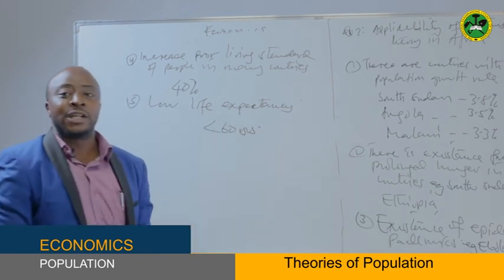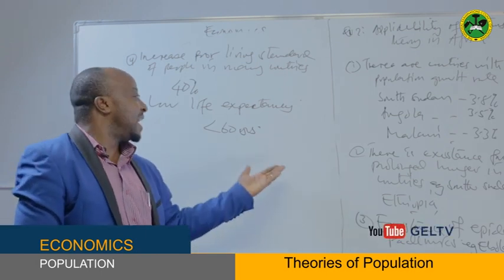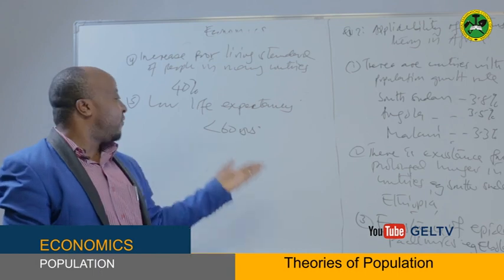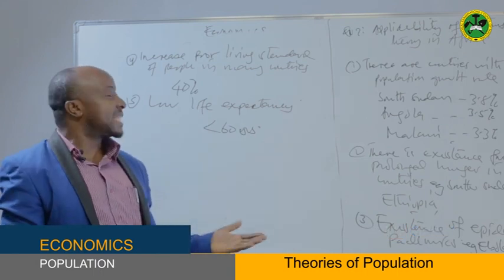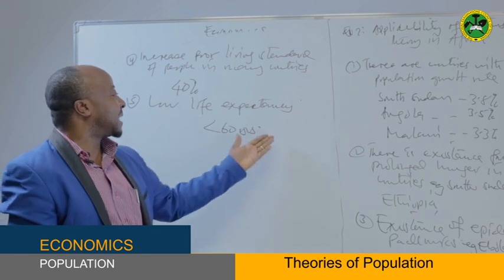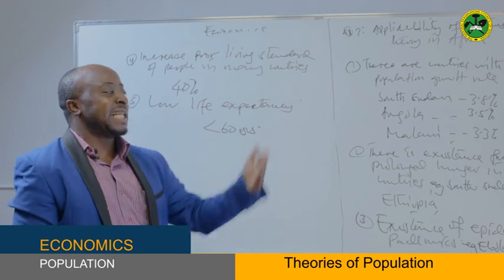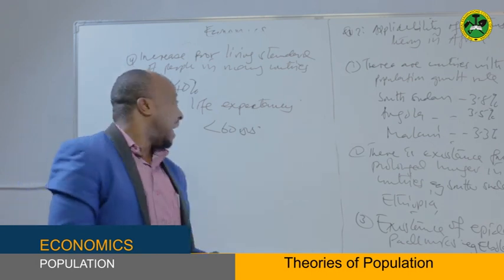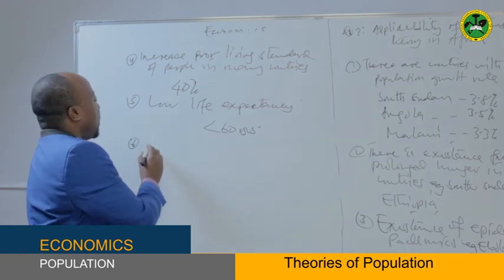You can find some countries at 45 years, some 50 years, some 55 years. While in developed countries, they are going even above 70 years. So we have low life expectancy just because of ongoing problems in Africa, as suggested by Malthus.